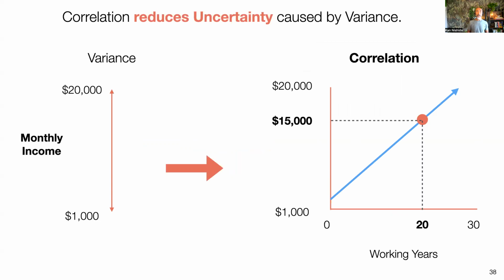Because of that, we can now reduce the uncertainty. We don't have to say that the monthly income would be between $1,000 and $20,000. Instead, we can say $15,000. It doesn't have to be exact, but it can be around $15,000. So that is helping us predict what the monthly income would be based on the working years.